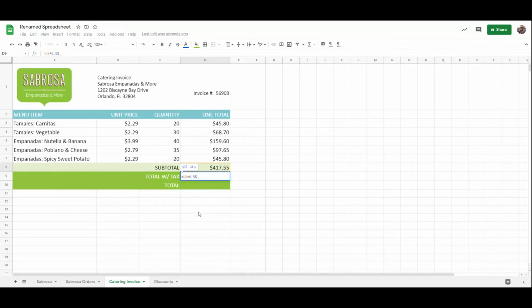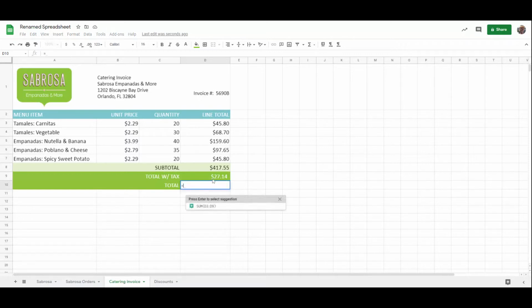No, we're looking for the percent of. And so another way to say that would be multiplying by 0.065. In any case, the tax on that total is $27.14.